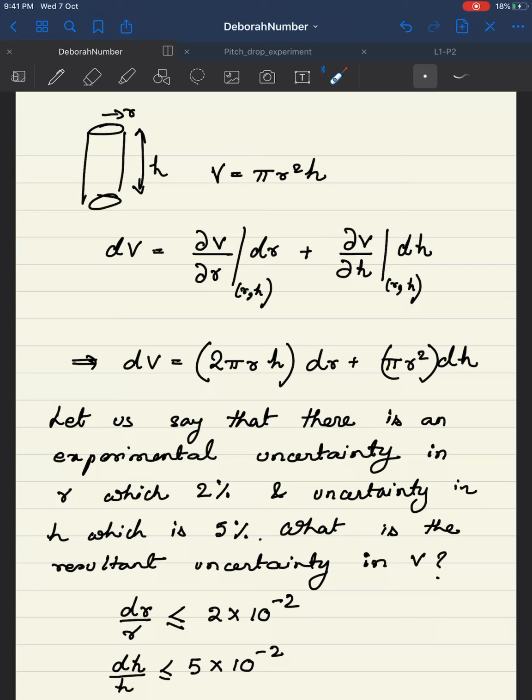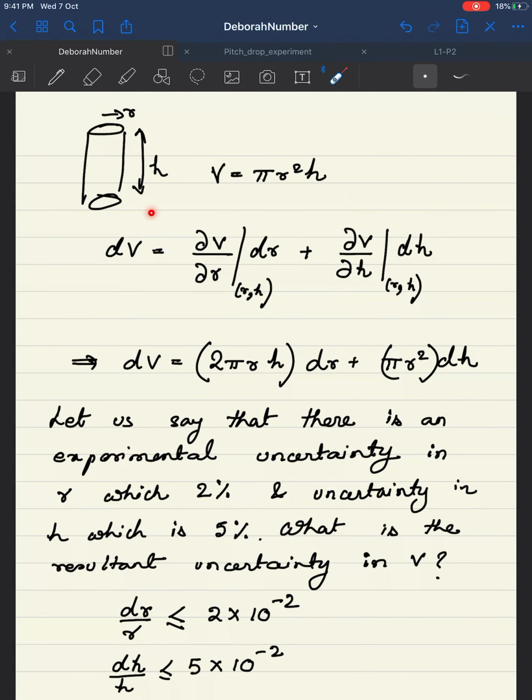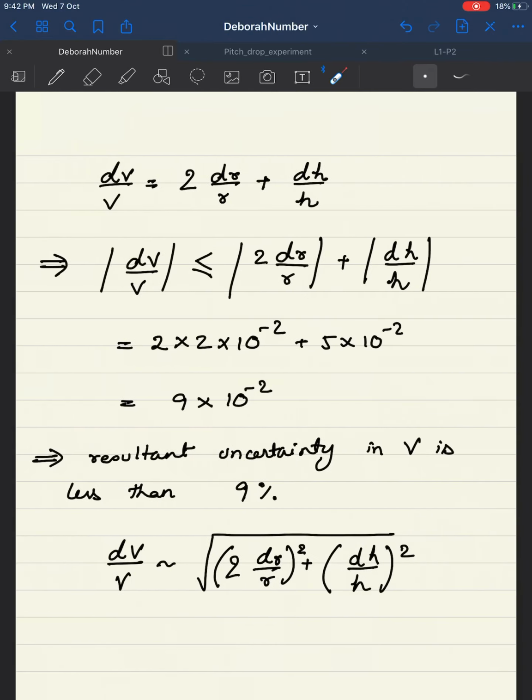So, I have just shown this to you with a simple example, but the functional form here can become more complicated, and then you have to do the appropriate analysis yourself. Okay. So, this turns out to be a very important analysis, and it is also called the propagation of error analysis, which has to be done quite a bit when you are doing experimental work. Okay.